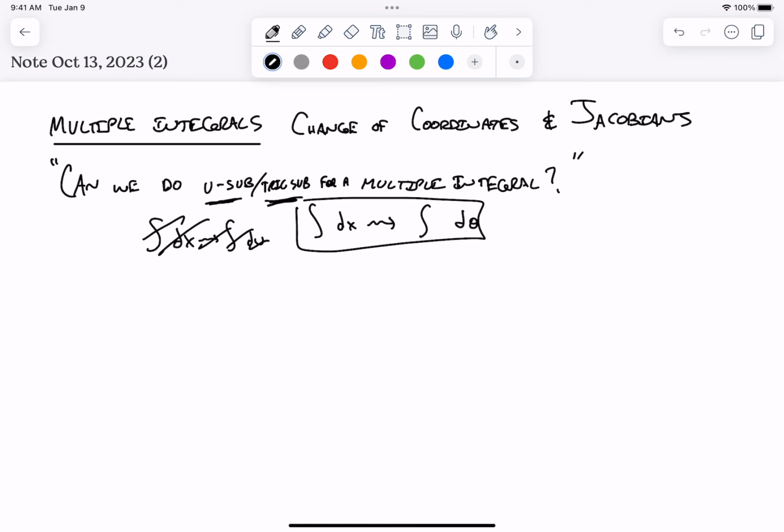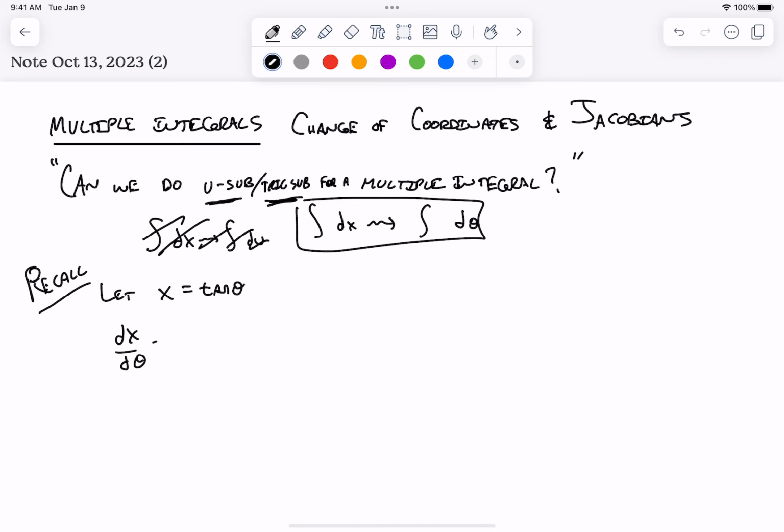And here's the idea. Remember, in trigonometric substitution, say you wanted to let x equal tangent of theta. This is a little flashback. Then what would you do?